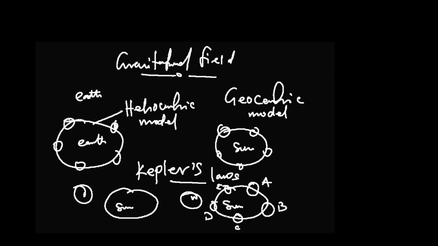Now the question is, what are the deficiencies of these three laws? The deficiency of these three laws is that they fail to tell us what makes the planets move. The law described that the orbit is not perfectly circular. It has let us understand that the sun is closer to some planets than others.